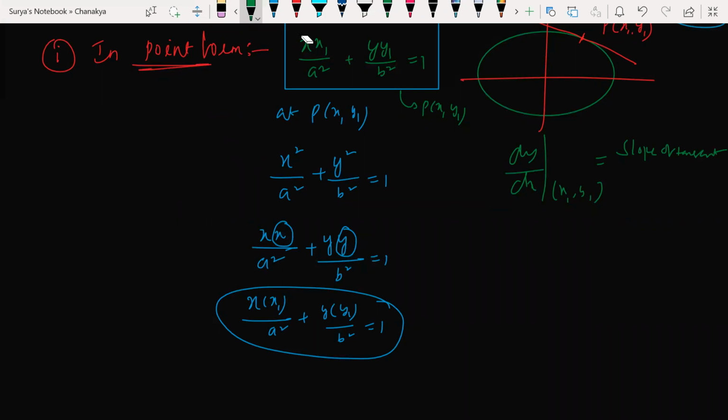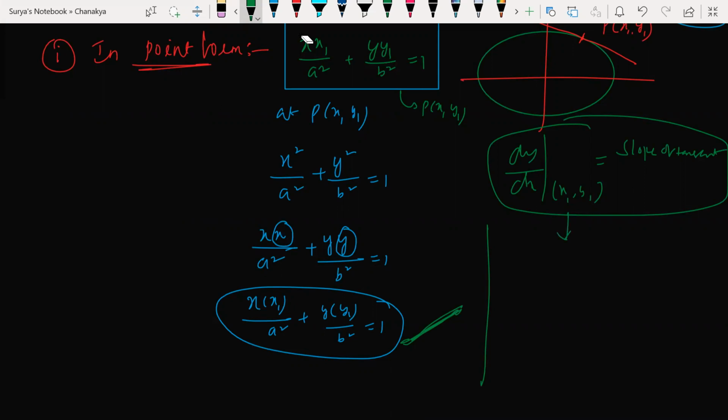Sir, this is my tangent equation. Guys, if you want to derive this, you can derive. How? First find out the slope of the tangent. Sir, what does slope of tangent mean? dy by dx at the point x1 comma y1.